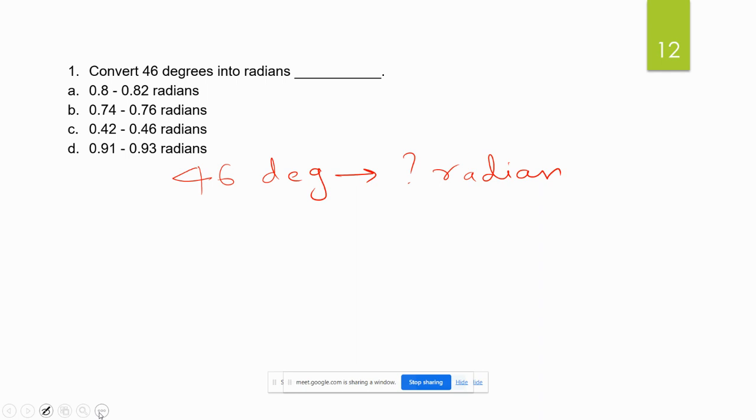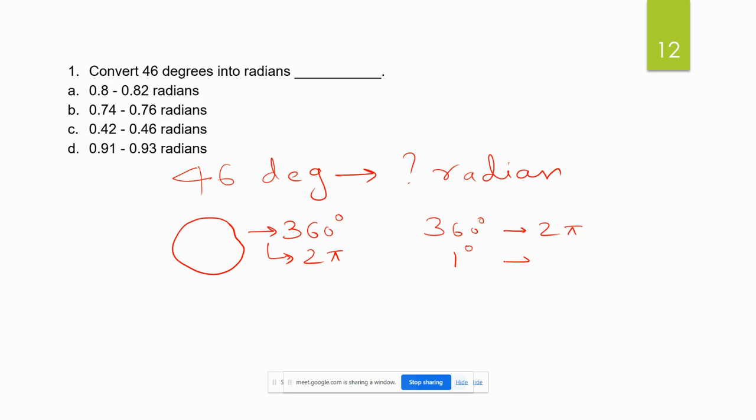Okay, so now I will solve. If you see, this is a circle. This is 360 degree, and we say it as 2 pi. So total 360 degree is taking 2 pi.